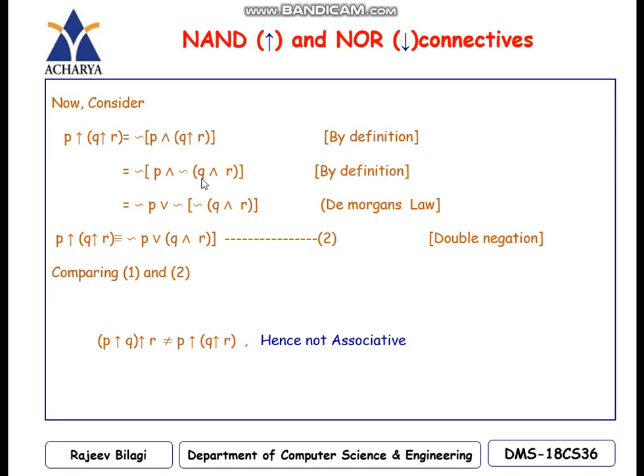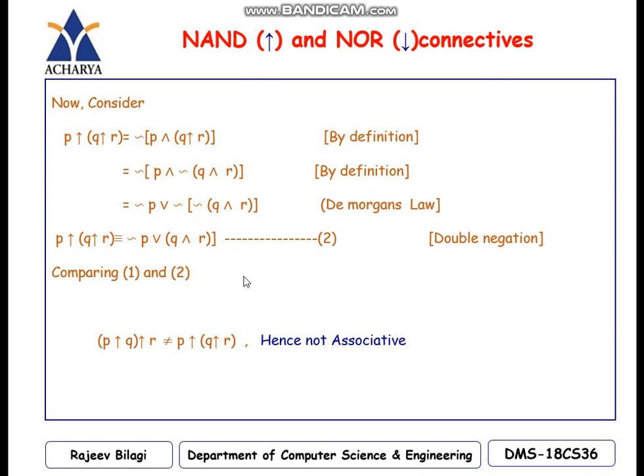Again I will apply De Morgan's theorem. So negation of P or negation of negation of (Q and R). So this will be negation of P or double negation, that is, Q and R.